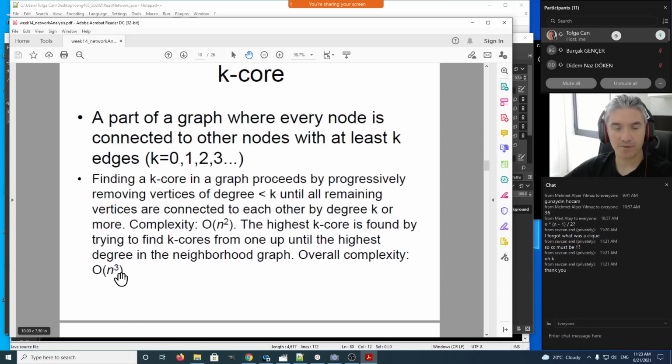There's an algorithm with worst case n cubed complexity. I will mention this, but this is what they do. For each node in the graph, the developers of MCODE find out what is the largest K-core it can be a member of.